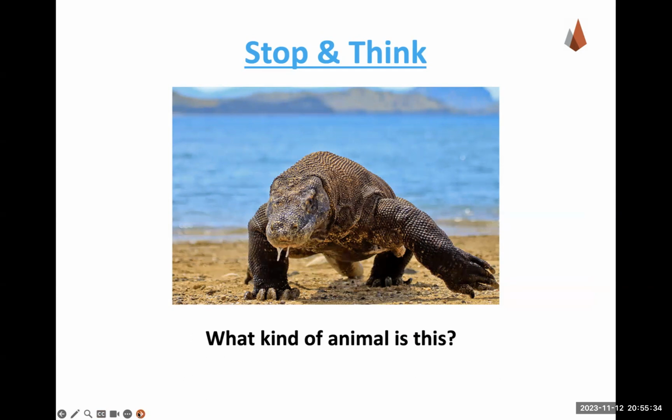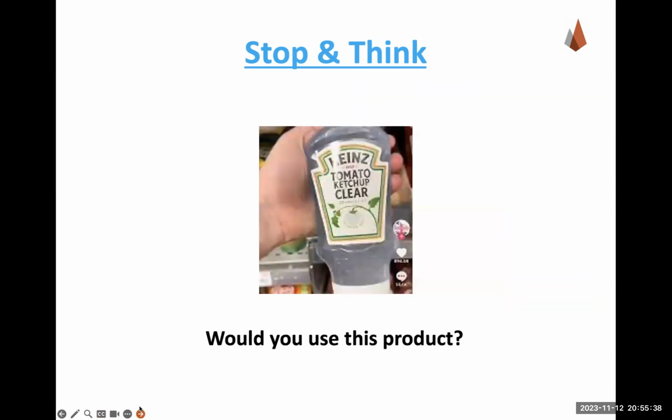Okay, let's stop and think about one other thing that I discovered on the internet. What is this? And would you use this product? So for prototype theory, we're going to refer to our summary representations of various categories, maybe of squeezable liquids. Could it be gel, glue, jelly? But look at the label.